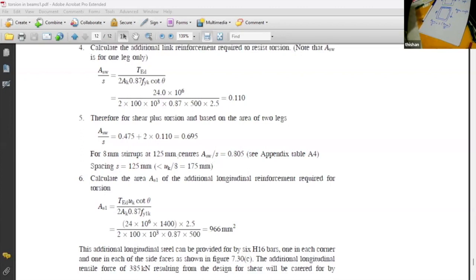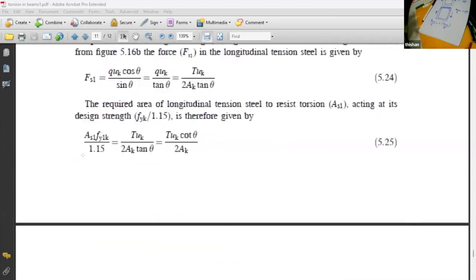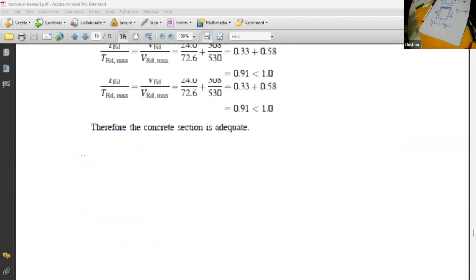So the spacing has to be 125. And then there's another rule. That rule says, if you are providing links, the maximum spacing of links should be less than UK divided by 8. What is UK? Can you remember UK?